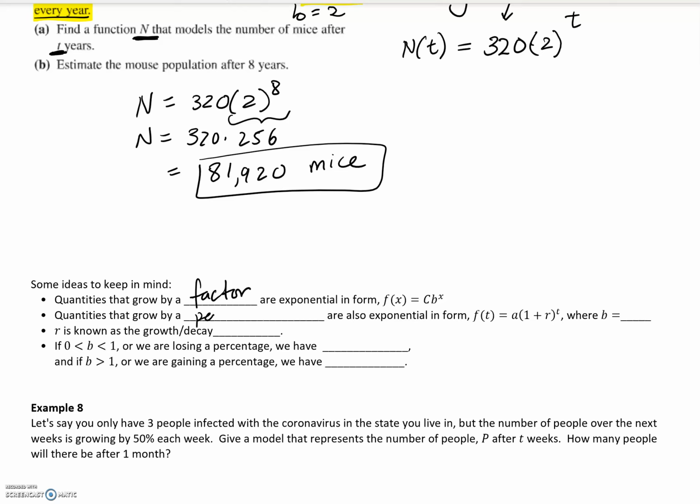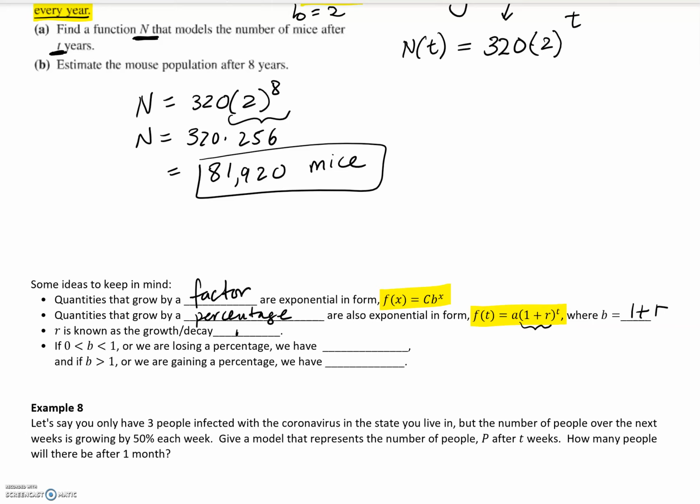Quantities that grow by a percentage are also exponential in form, and that equation is very similar to the previous one, with the b value being replaced by how much it's growing by as a percentage, being 1 plus r if it's growing by a percentage r, and 1 minus r if it's going down by a percentage r.